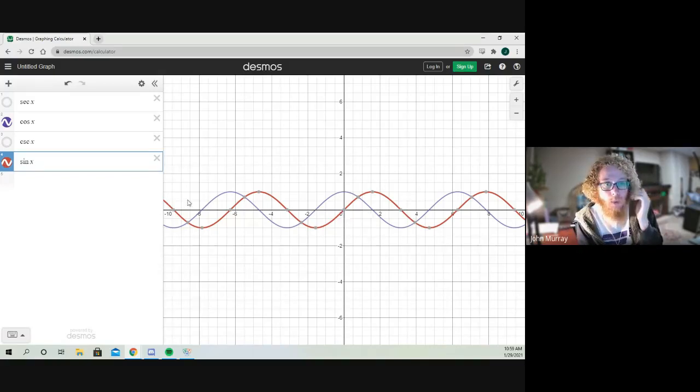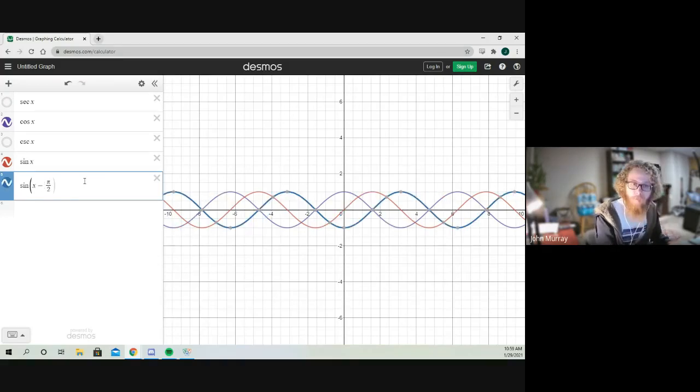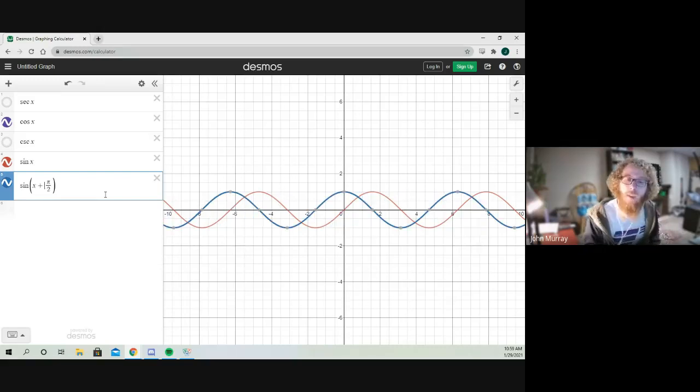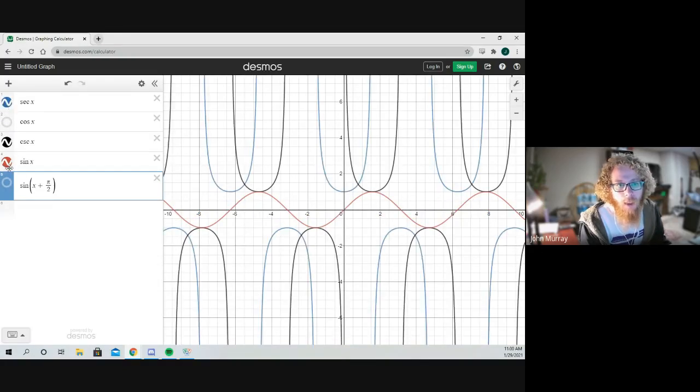If I take sine of x plus pi over 2, well, that's the same thing as cosine. So similarly, our cosecant and secant are shifted just like our sine and cosine are.